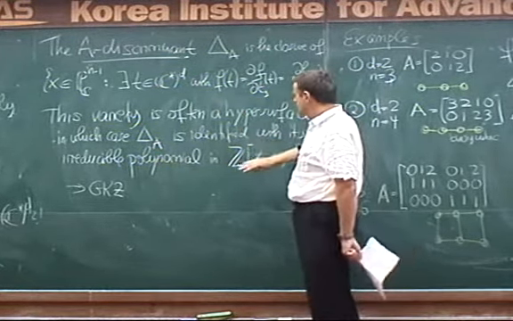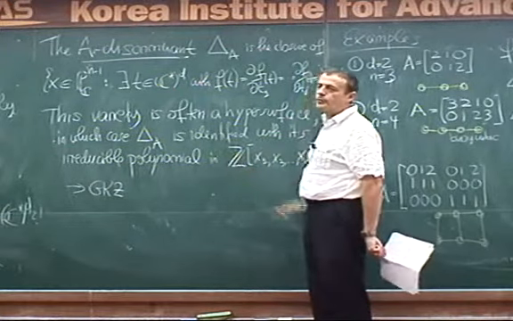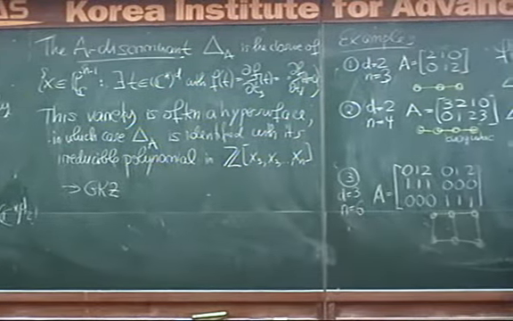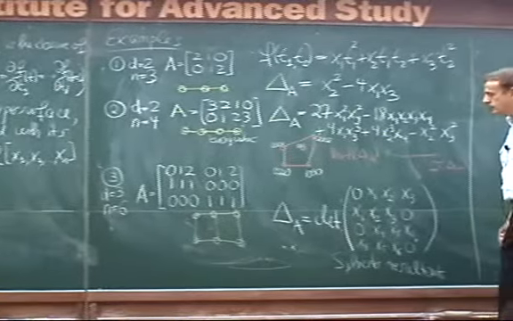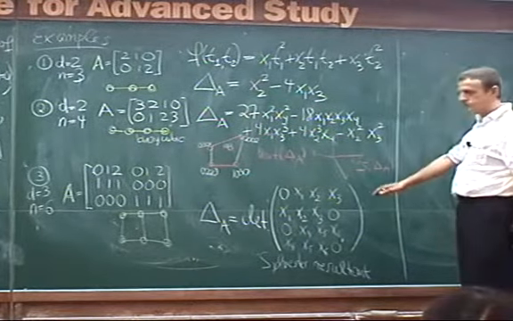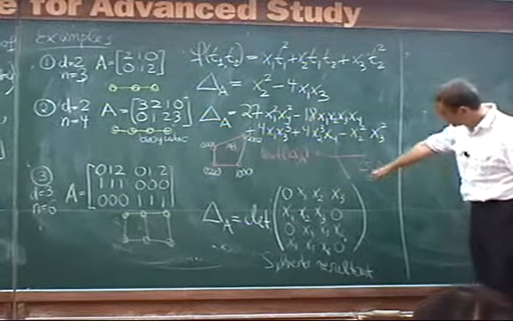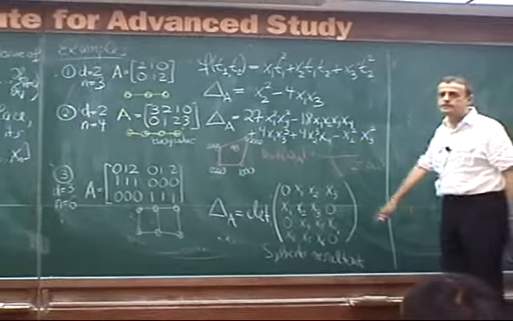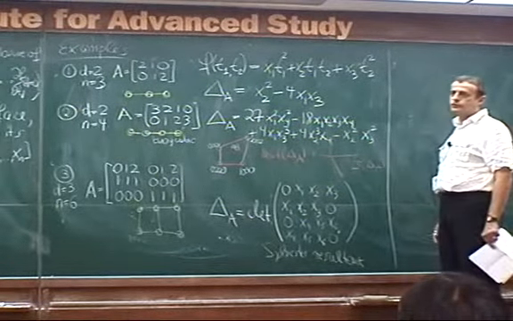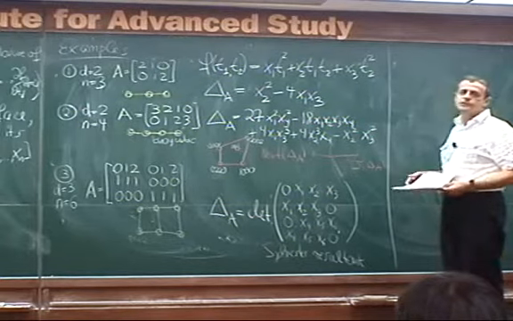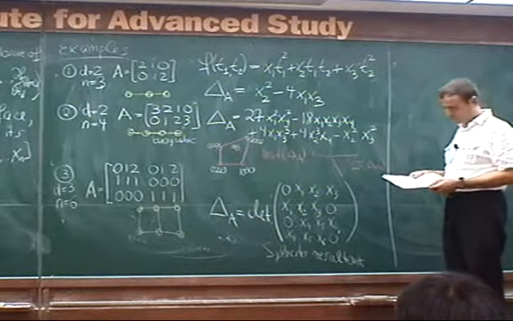If it's a hypersurface, I'm going to identify it with this polynomial. So delta A as a hypersurface is the zero set of this polynomial. It's the hypersurface of solvable systems of two quadratic equations in one variable.